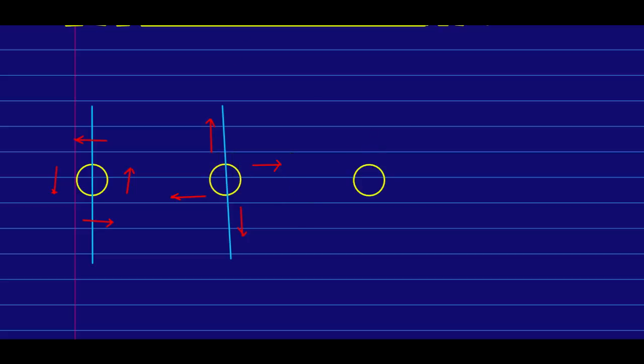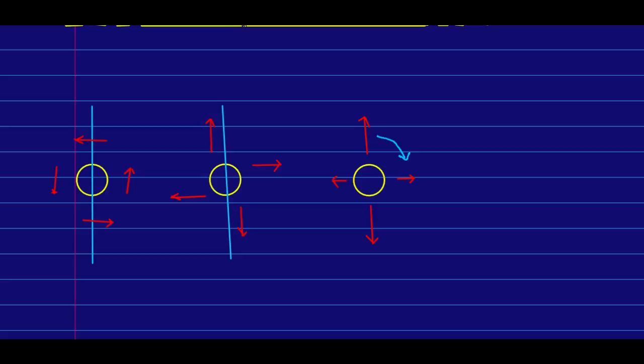Another one that is impossible is a field where, say, the field is stronger in the vertical direction than it is in the horizontal direction at the same distance out. Now, this does not violate this symmetry. This is symmetric under reflection through this line. However, what it violates is symmetry under rotations about this axis, because if this vector rotates down to here and this vector rotates down to here and so on, that will have changed the field.